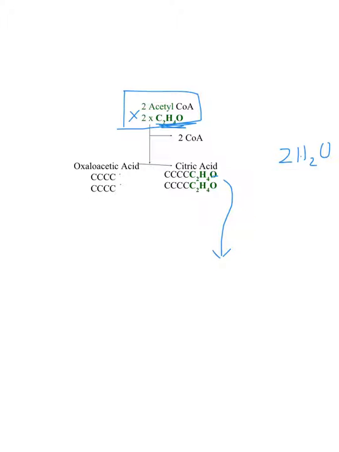We're going to take one of those oxygens from each water, so I'll have 2 little oxygens here. And if we pump that into the system, we have enough to get rid of 1 carboxyl from each acetyl group.